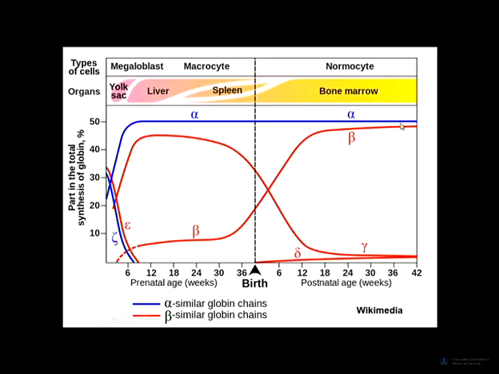And then alpha globin is necessary through the rest of life. At the same time, the fetal type of hemoglobin, the gamma, alpha 2 gamma 2, starts to be synthesized in this liver hematopoiesis. So that during most of gestation, you have alpha 2 gamma 2 fetal hemoglobin, and then the beta globin, which is the normal adult form of hemoglobin.